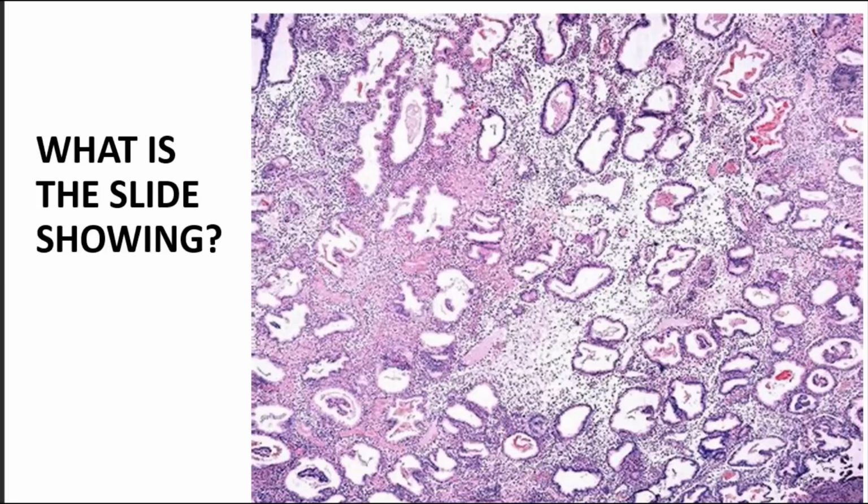What is this slide showing? So this slide is showing, you can see it has glands here, and these glands have got secretions inside. So this is a secretory uterus.